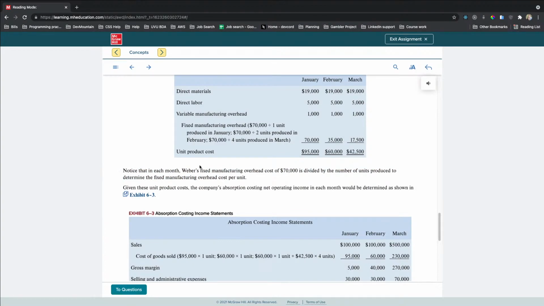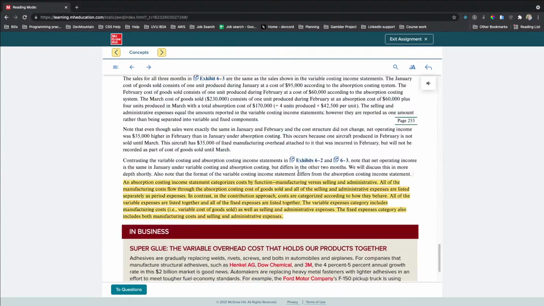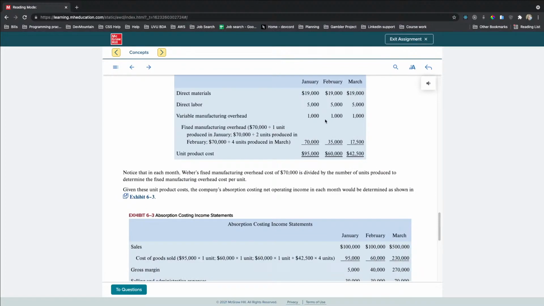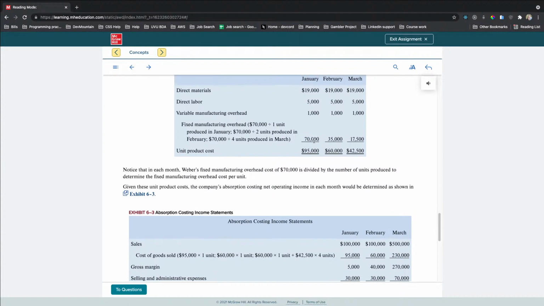Notice that in each month, fixed manufacturing is 70,000. Oh, overhead. Is this per unit cost here?